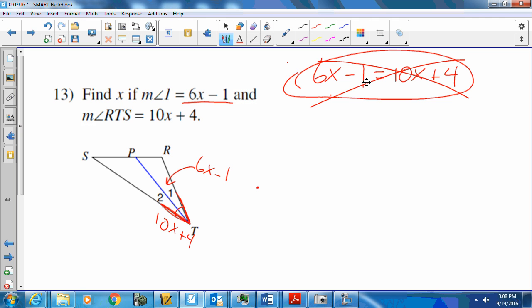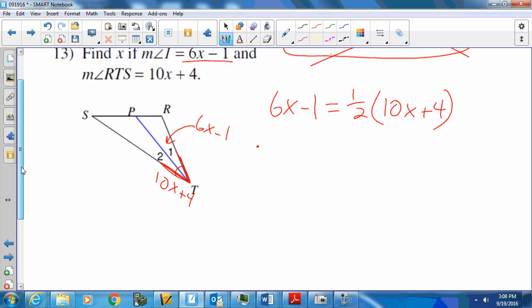So there are two different equations we could use. We could say that 6x minus 1 is equal to 1/2 of 10x plus 4, or we could do this equation: 2 times 6x minus 1 is equal to 10x plus 4.